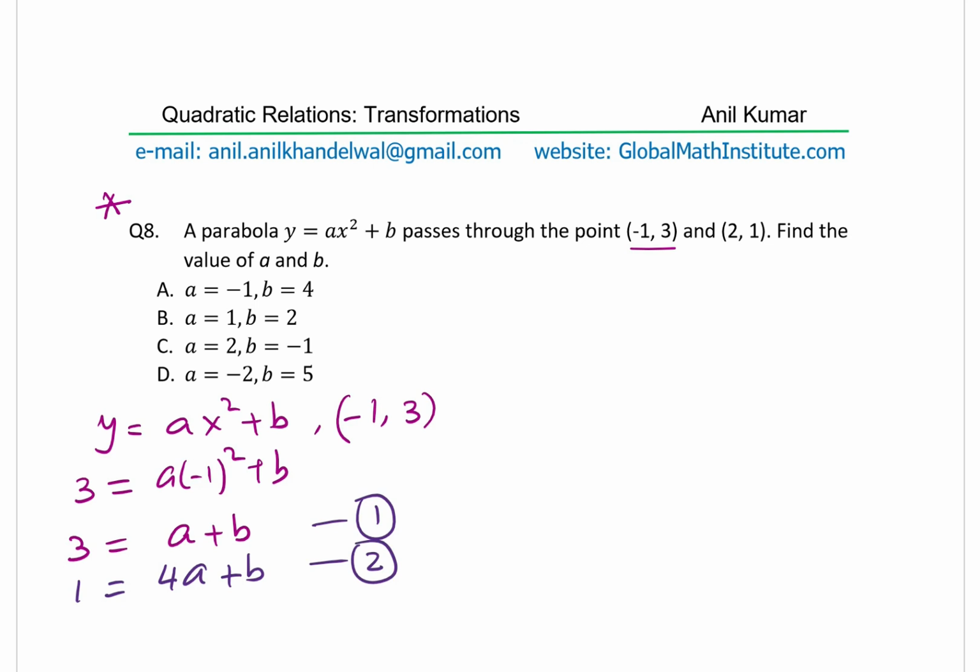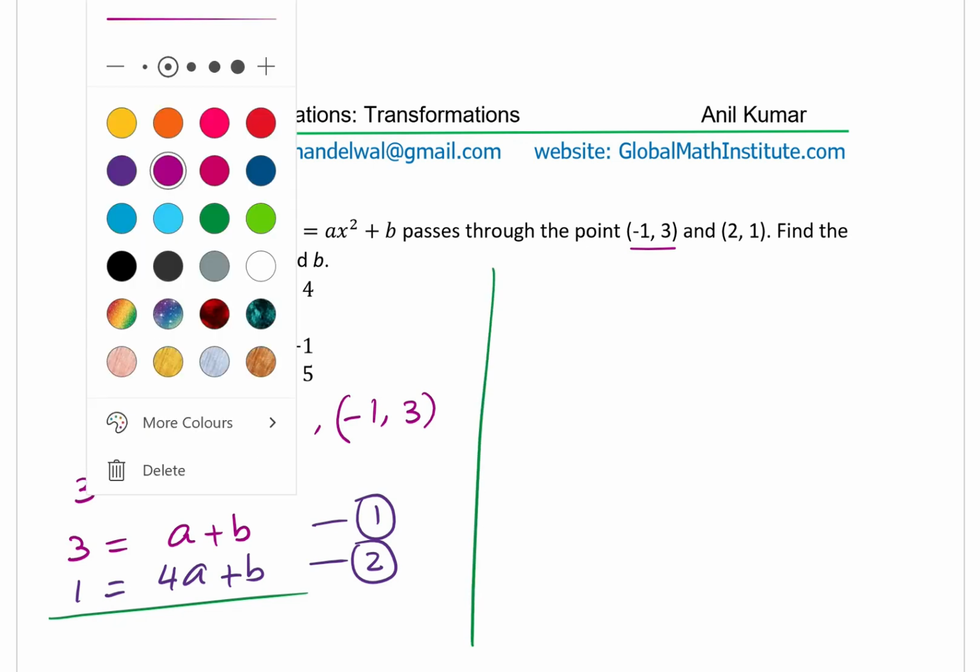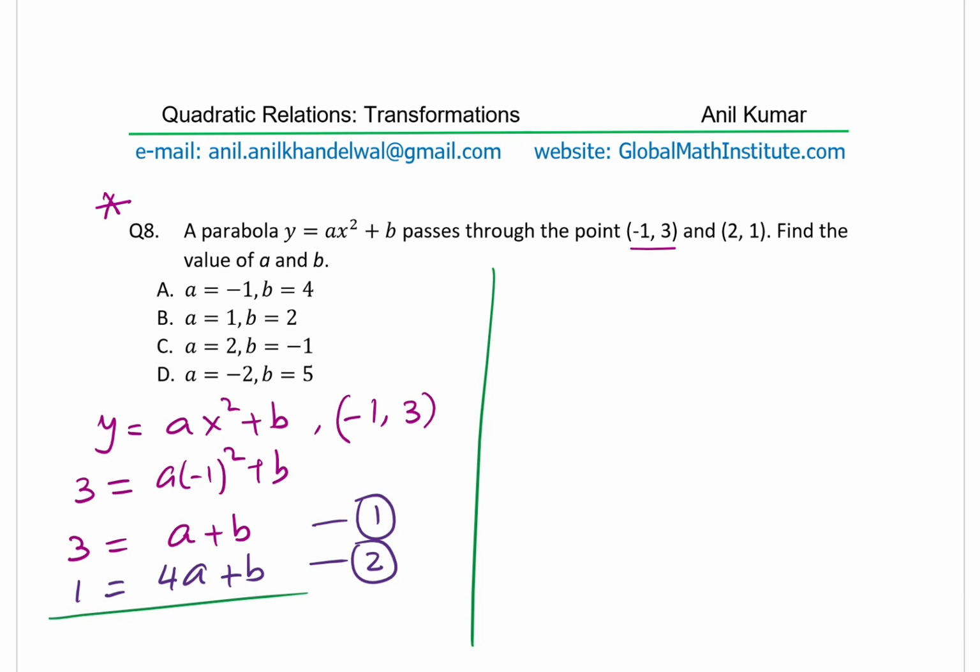Now, to solve for it, we could actually take away. So I'll do this solution right here. So we have one equation which is 3 equals a plus b. The other one here is 1 equals 4a plus b. So what we could do here is we could take away one equation from the other. So if you do that, what do you get? 3 minus 1 is 2. a minus 4a is minus 3a.